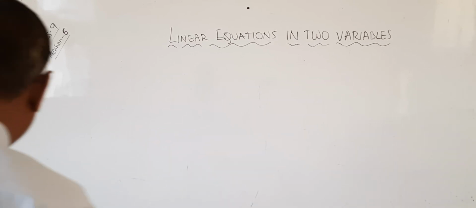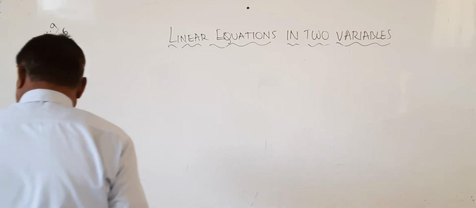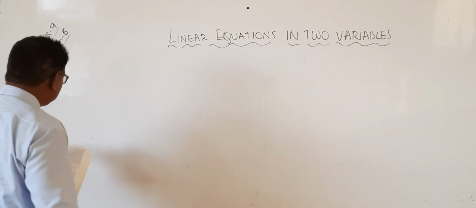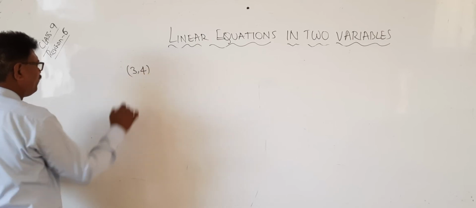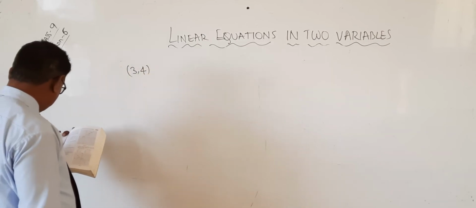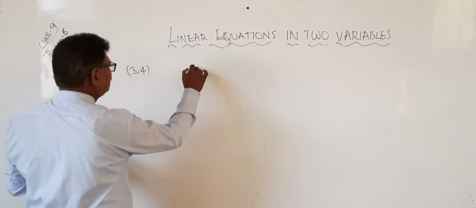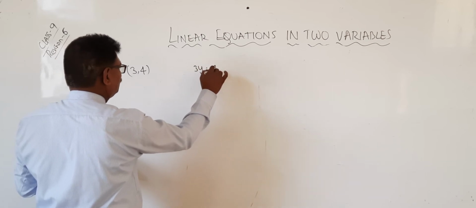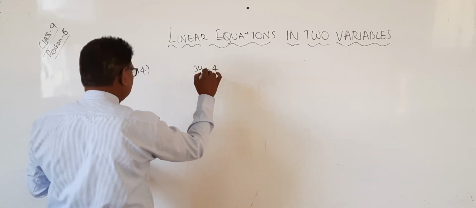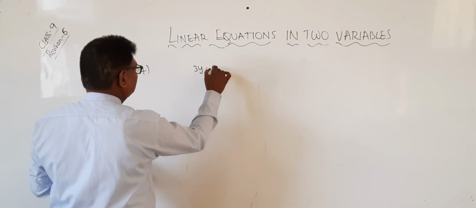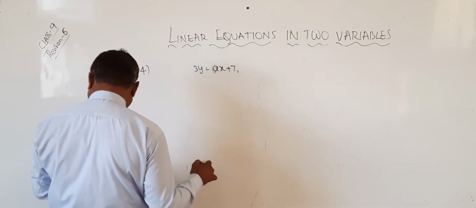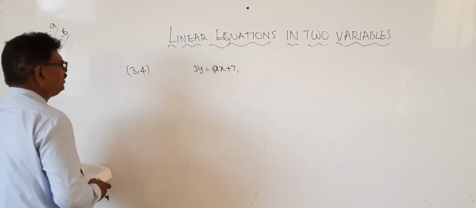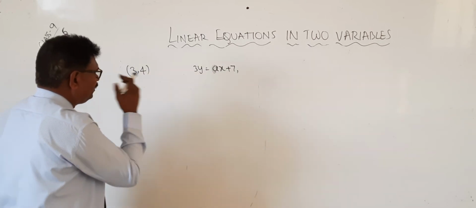Yes, one more simple problem. If the point (3, 4) lies on the graph of the equation 3y equal to ax plus 7, then find the value of a. So very simple.